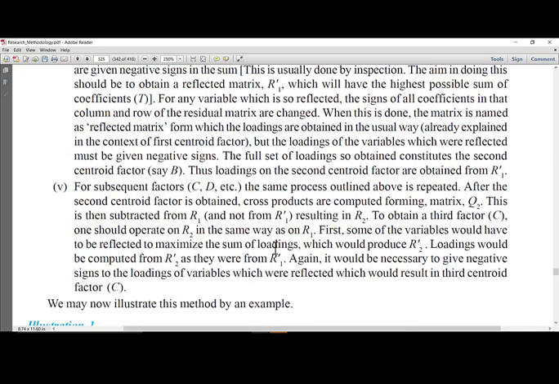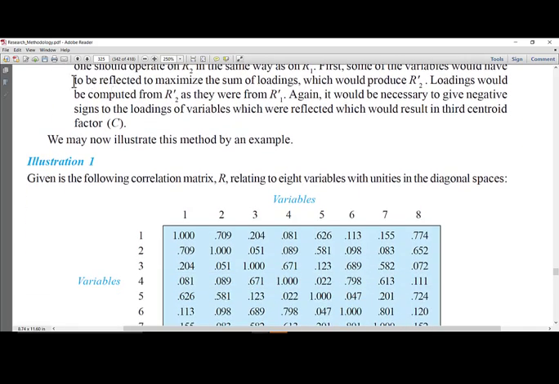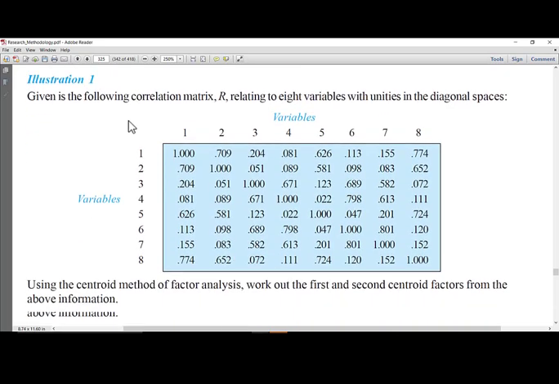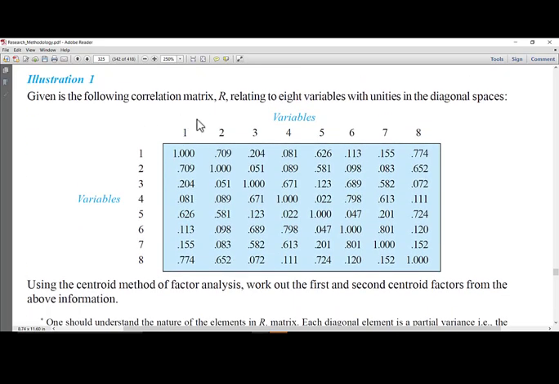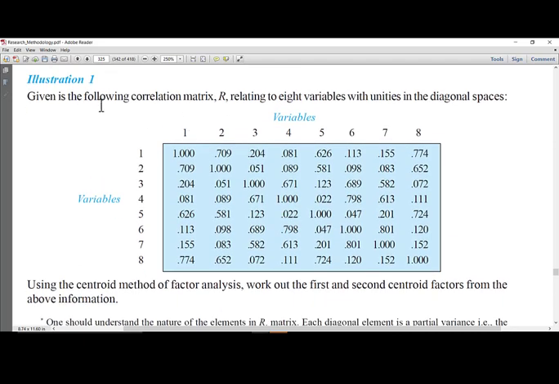Already I have asked you to go through illustration 1. I hope you have already gone through it, but otherwise also now you can try to understand what this centroid method used for factor analysis is. Now in this illustration, a correlation matrix R is given relating to 8 variables with unities in the diagonal spaces.